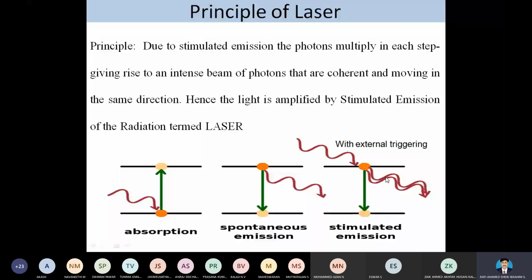Only in this stimulated emission will the laser action take place. So here no laser action. In absorption, no laser action because the atom is in the ground state. Here also no laser action because the atom directly jumped to the ground state without any inducement. But in stimulated emission, the laser action takes place.